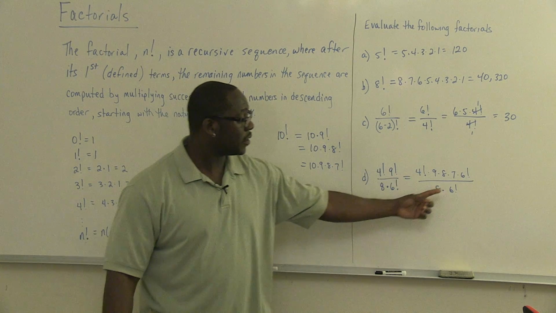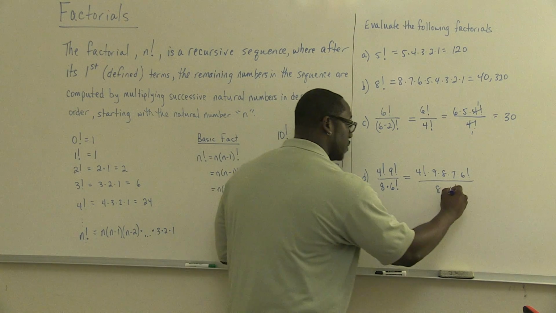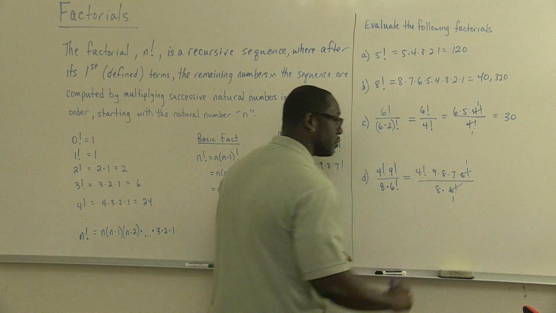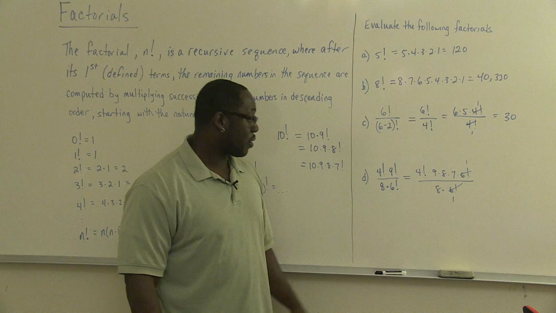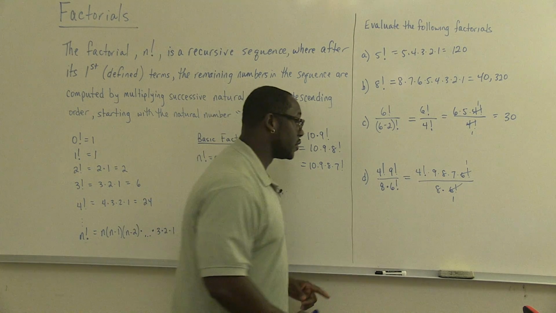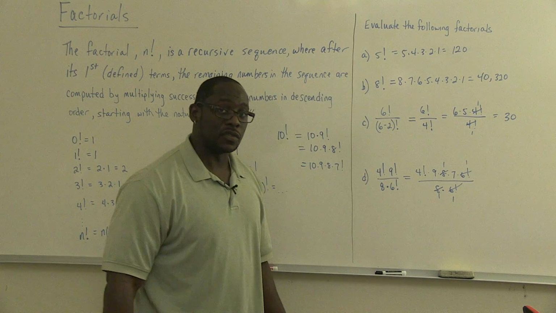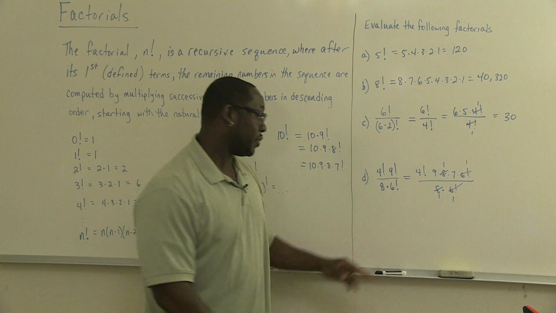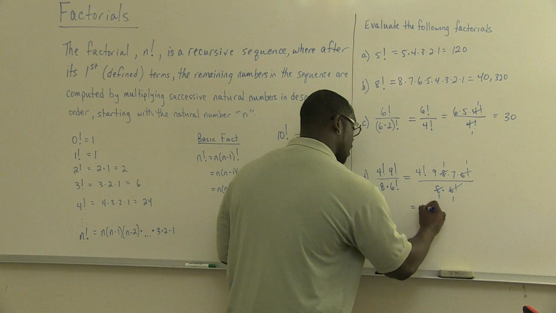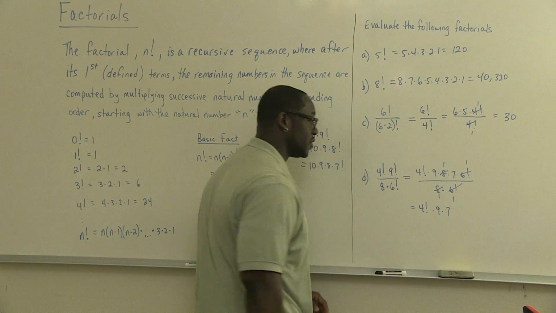Now as you see here, we have a 6 factorial in the numerator and the denominator, so those reduce to 1. And surprisingly, we also have an 8 in the denominator and an 8 in the numerator. So that also reduces to 1. And so now what we have left is just 4 factorial times 9 times 7.